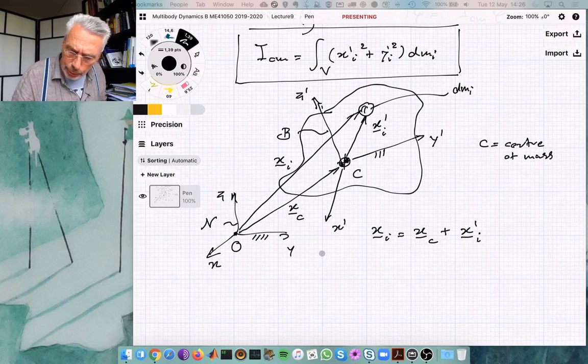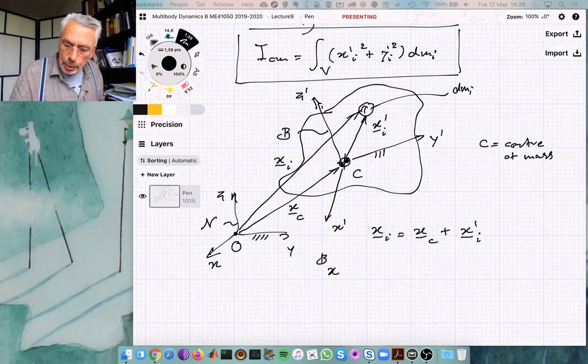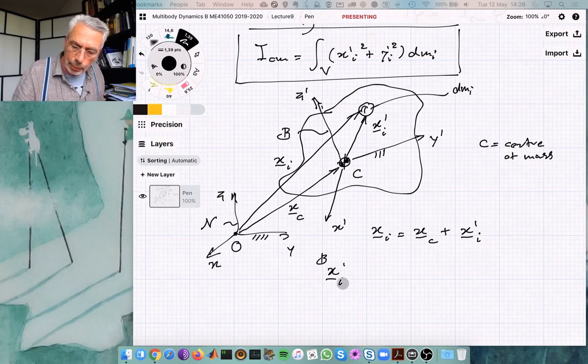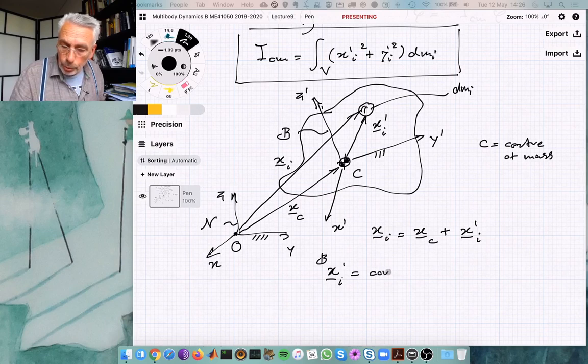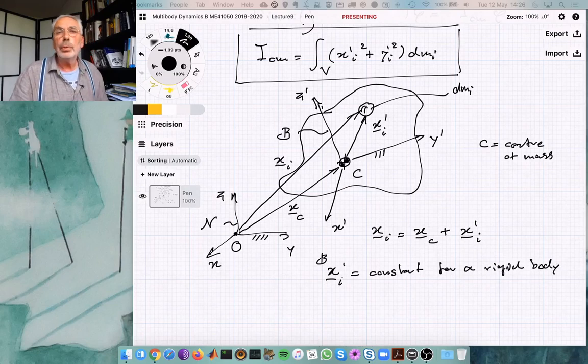I'm not so good at writing curly b's. So the components of xi prime, so this is the vector and then expressed in this coordinate system, those are constant for a rigid body. And therefore we use this notation.